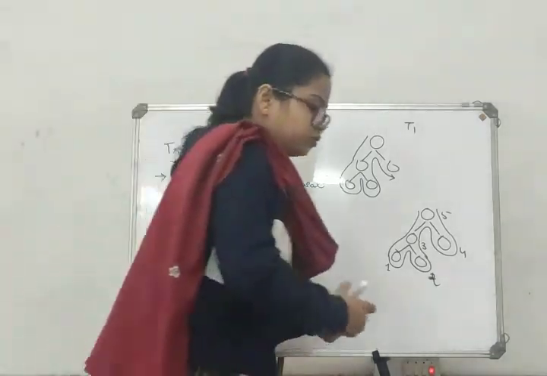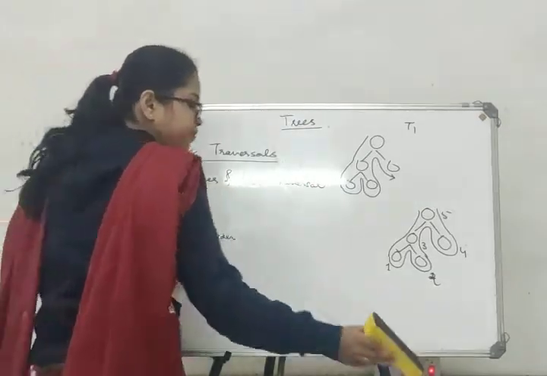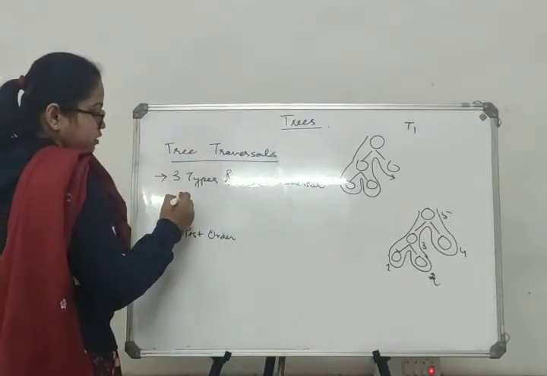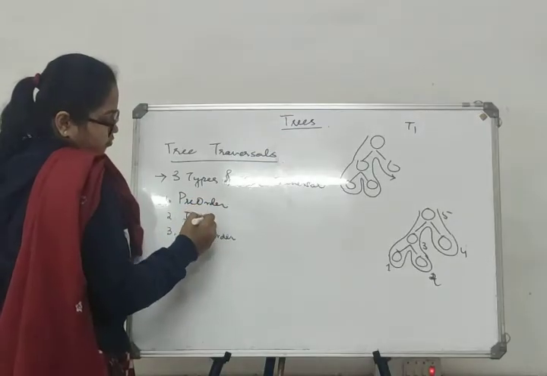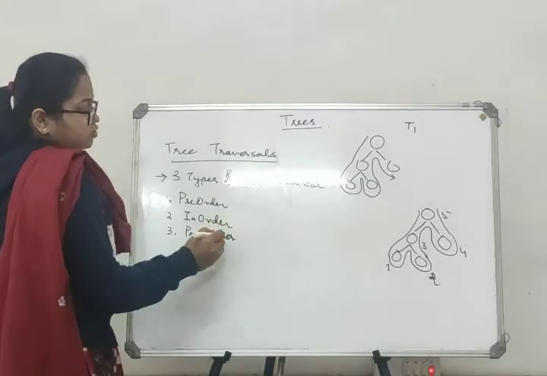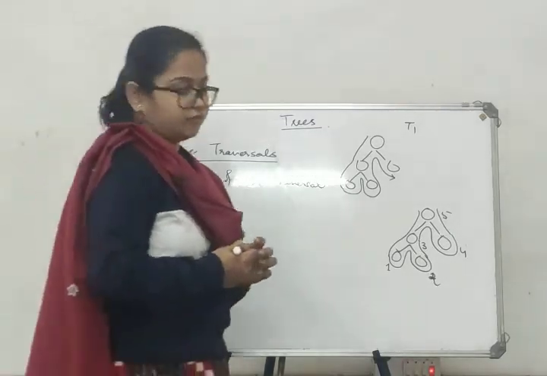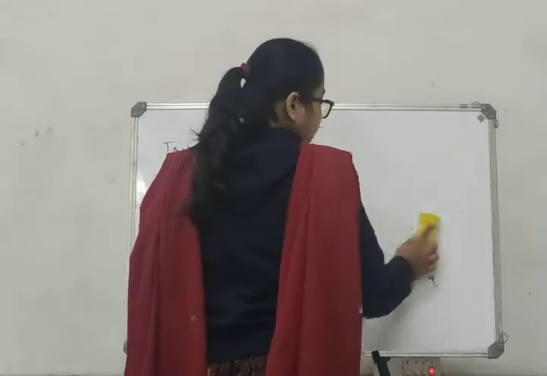So let's understand what is pre-order. So first is pre-order, then we have in-order, then we have post-order traversal. Okay. So these are the three types of tree traversal. Now what is in-order, what is pre-order, what is post-order?